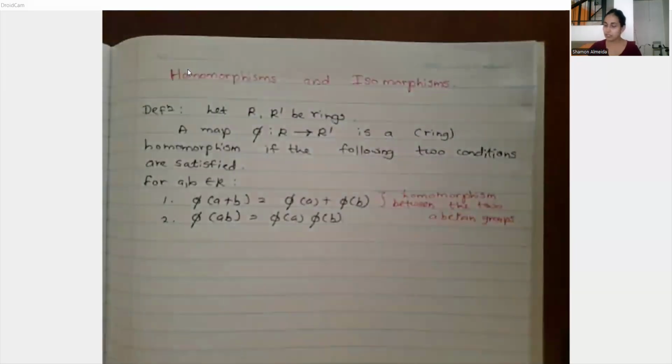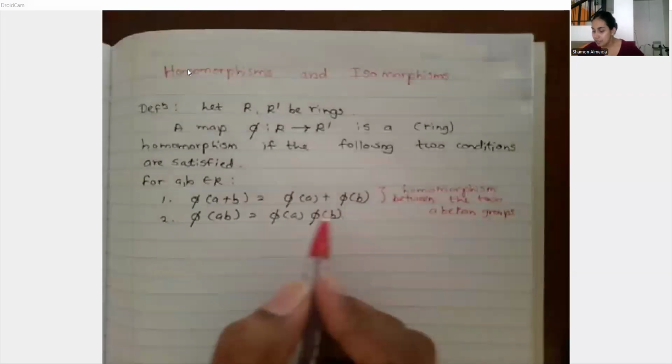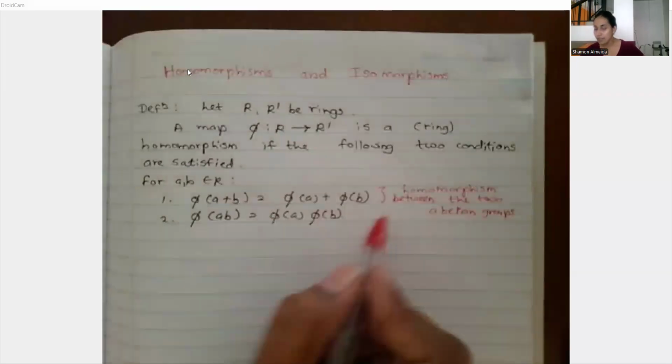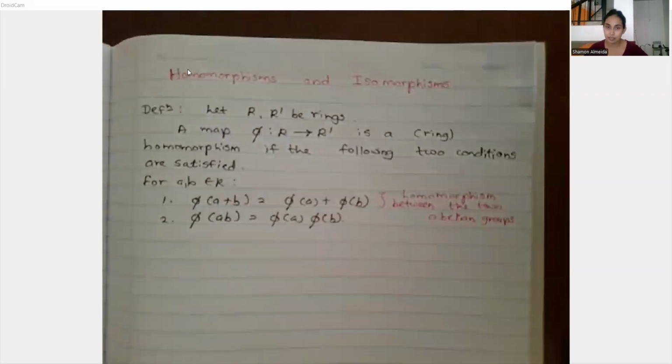Now, the second condition. Observe that R and R prime, being rings, have a multiplicative structure. Multiplication is a binary operation defined on both these sets. So this map phi has to relate the multiplicative structures of R and R prime in a similar way as we have with the first condition.